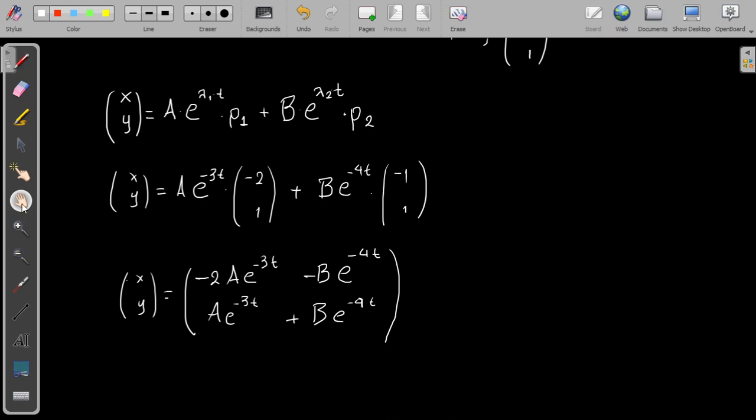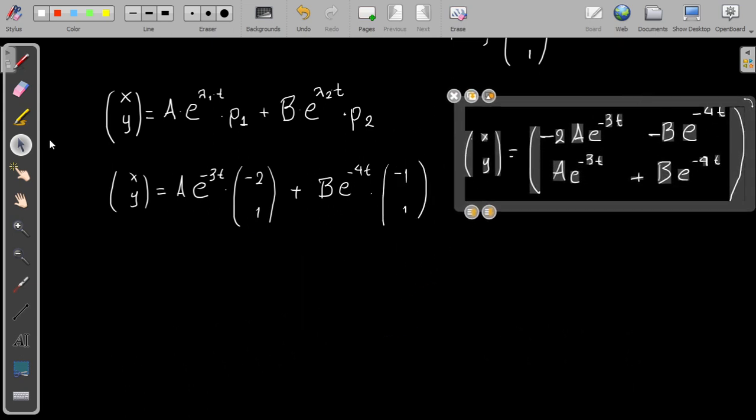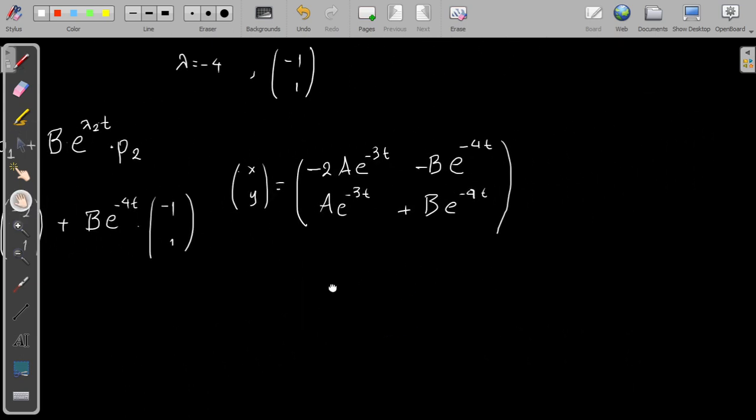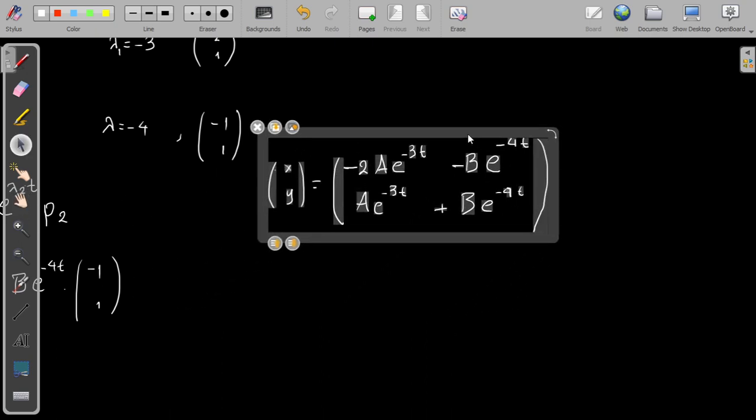This is the general solution of the differential equation. Let me move it over here so as to have more space.